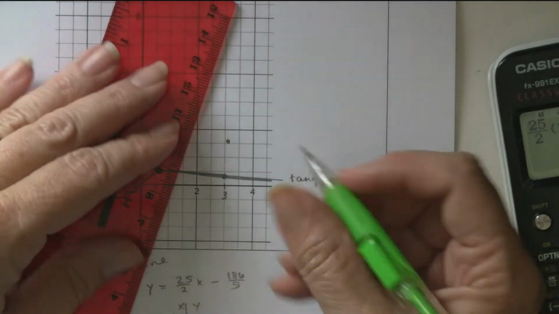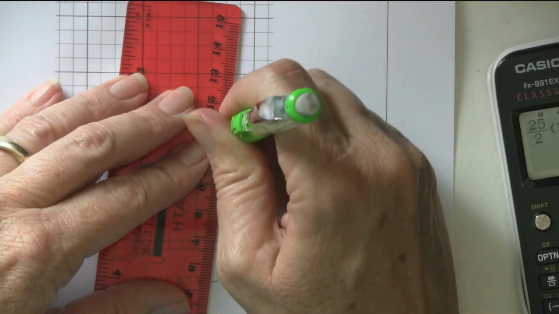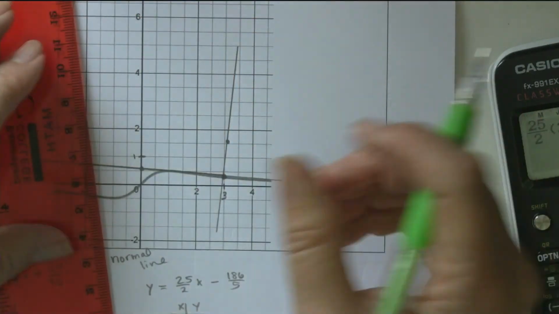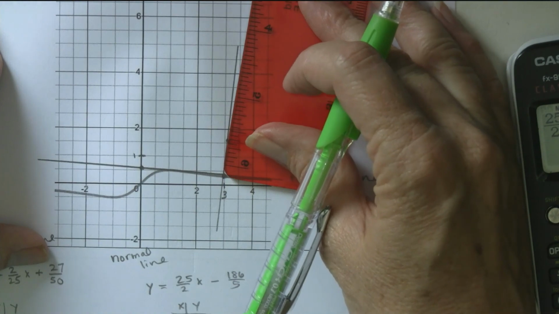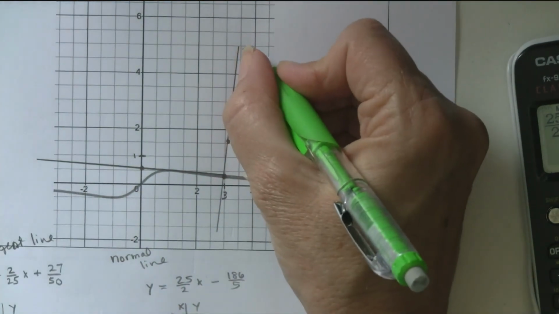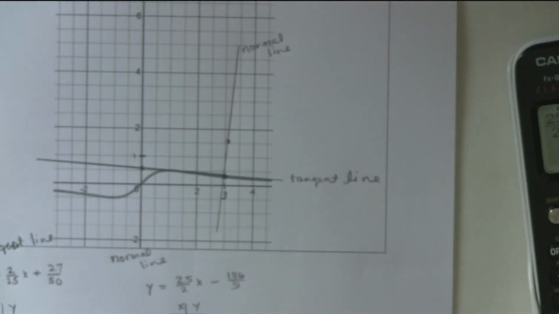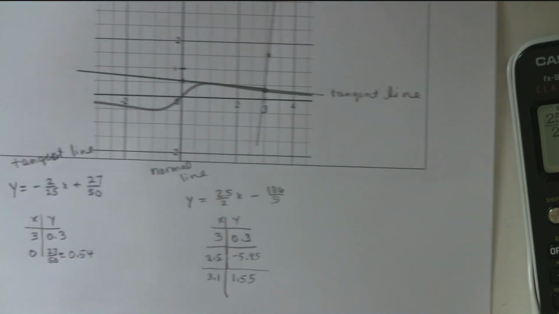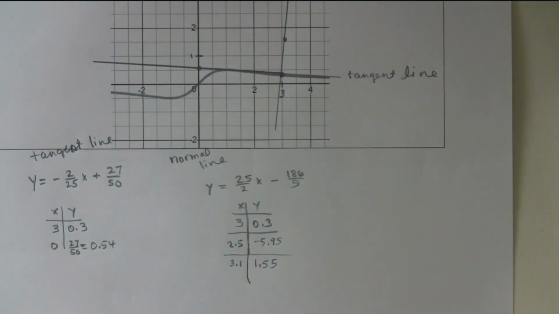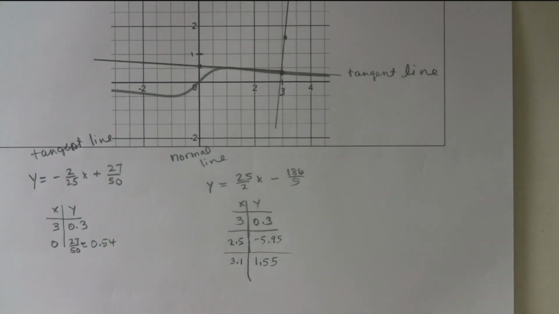And then you can see that when I draw this in here, the tangent line and the normal line are meeting perpendicular with one another, right? They're meeting square. And so here's the normal line. And that's all that they wanted me to do, because they were just wanting me to verify what I found, right? So at the point 3, 0.3, we knew that should be on there, etc.